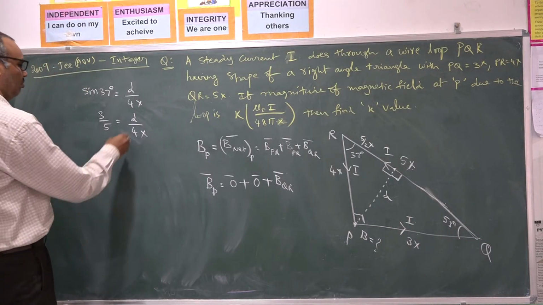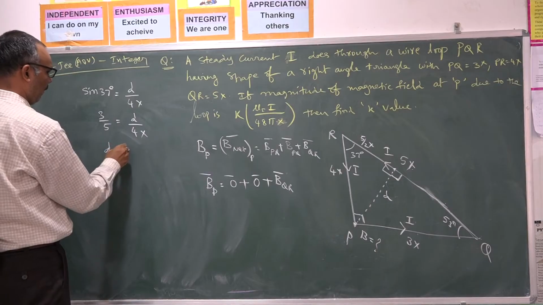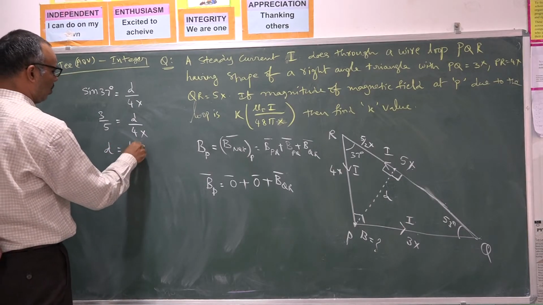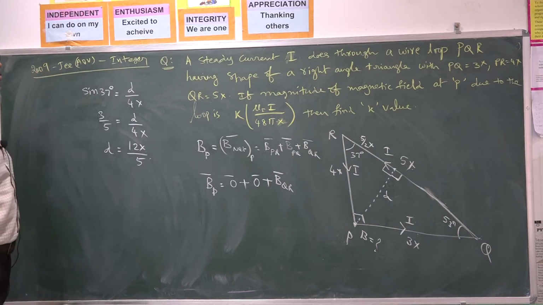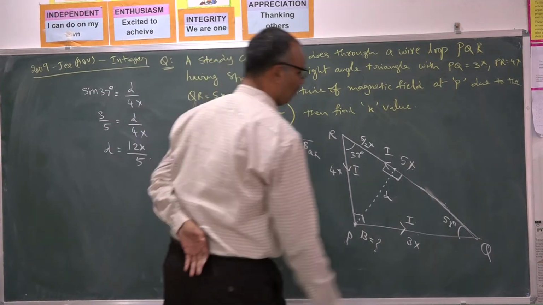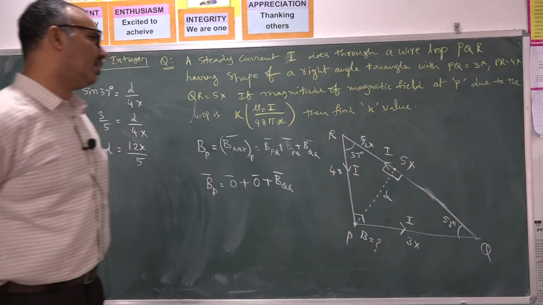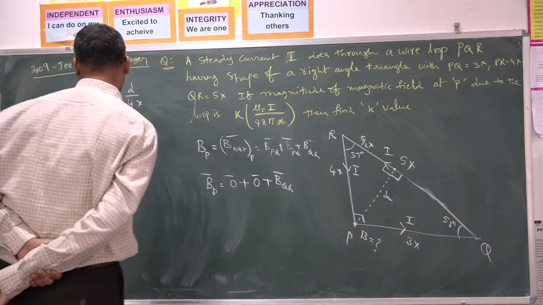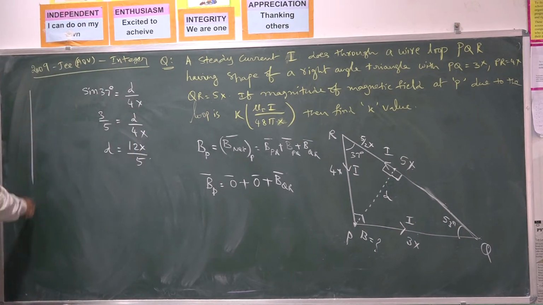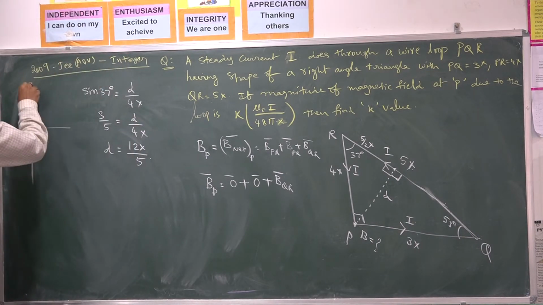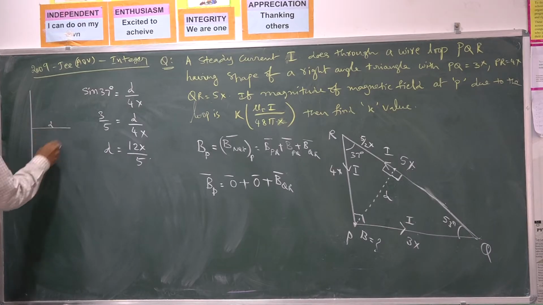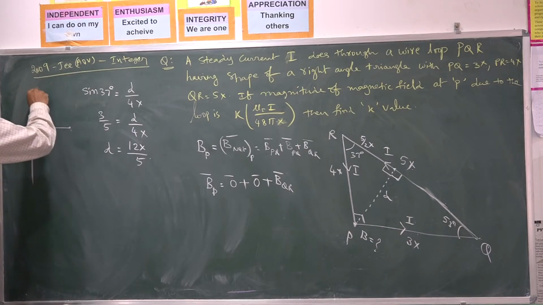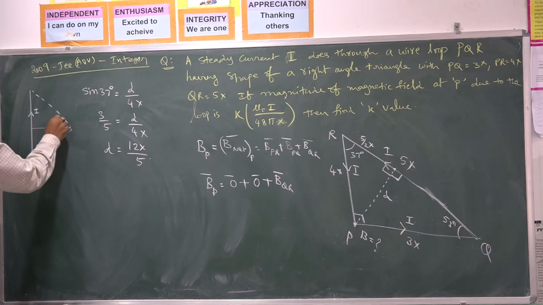So d is equal to 12x by 5. This is the distance of the point from the conductor QR. So let us apply the general formula. If d is the distance of the point from a current carrying conductor, the strength of the magnetic field can be identified by taking alpha and beta.